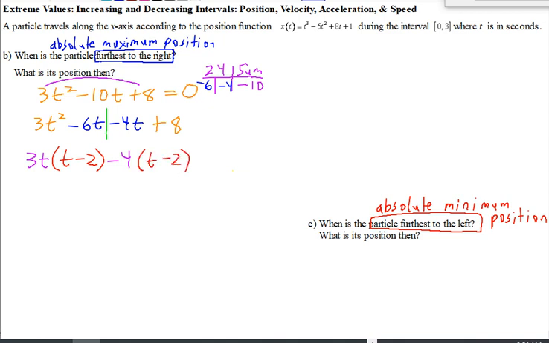Take out the negative 4 and then they match up. So you can take out the t minus 2 as a GCF, and the other factor left is 3t minus 4. So you can see your critical numbers based on that. What makes this equal to 0 would be t equals 2 and t equals 4/3.